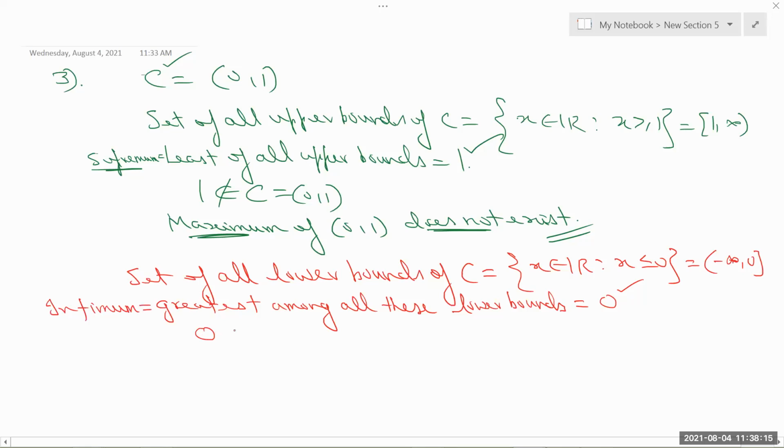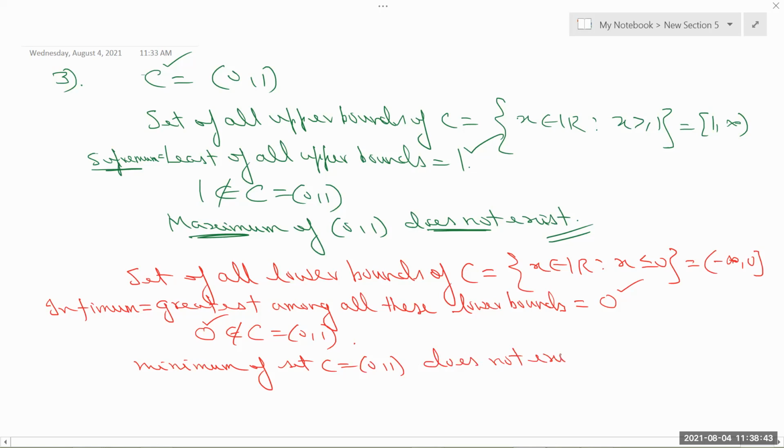Now 0, but 0 is not in the set C. And if it is the minimum of the set, then it must be a member of the set. So the minimum of the set C, the open interval (0, 1), does not exist.